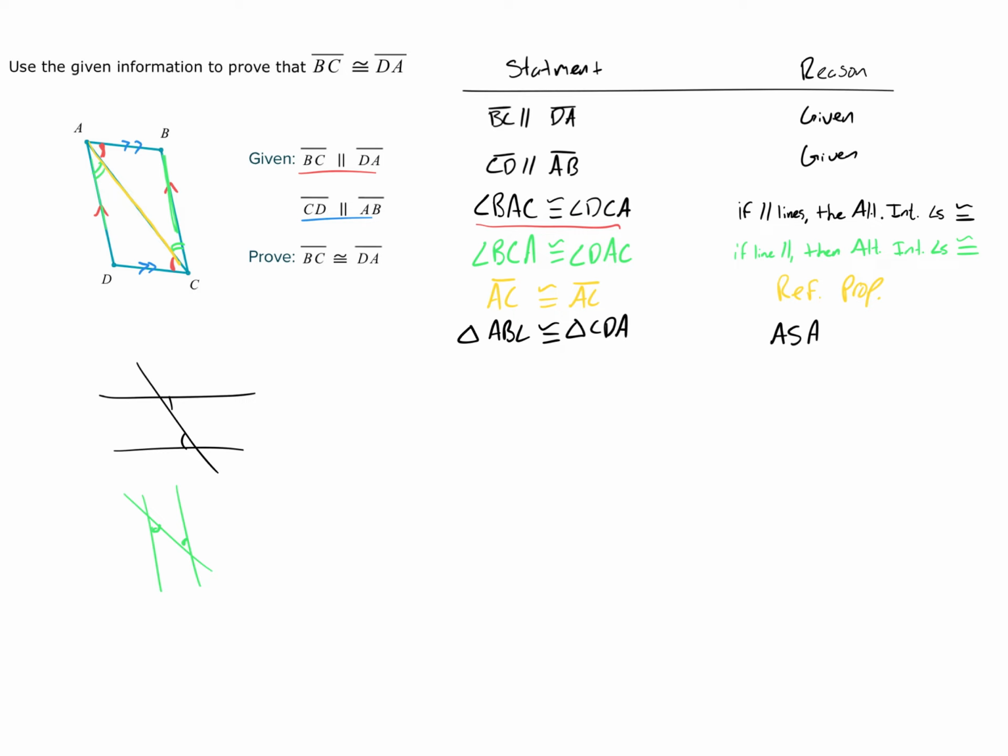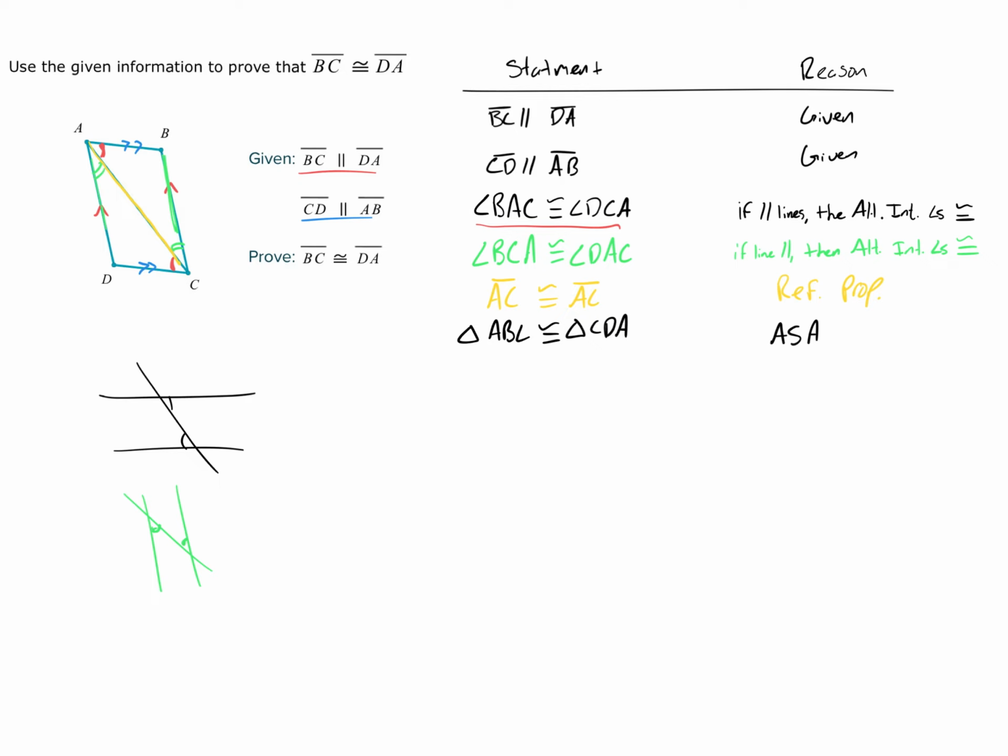Now, because we know those two triangles are congruent to each other, we know all the corresponding parts. So this part, AB, corresponds to CD. So that means these lengths must be the same. I know AC must be the same length as AC, which we actually already showed. And the one that's actually important to us, this BC, is congruent to AD.